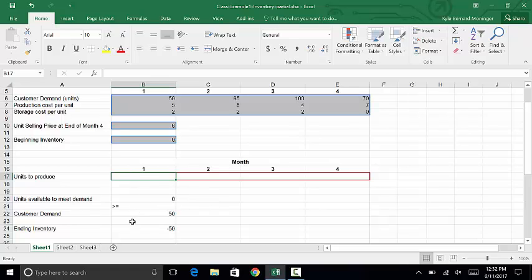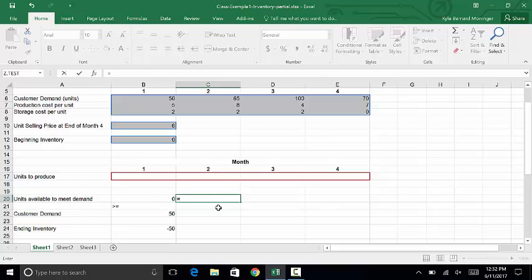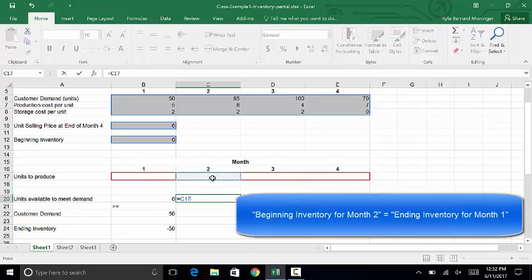Now we move on to month 2. We want to meet demand in every month. So now I'm going to create a cell for month 2, units available to meet demand. That's equal to what I've produced in month 2, plus the beginning inventory for month 2. The beginning inventory for month 2 is the ending inventory of month 1.